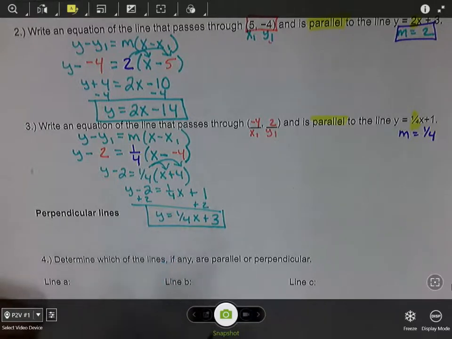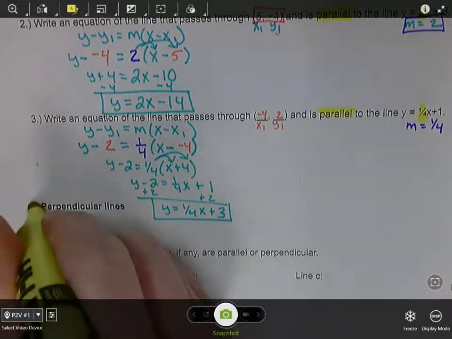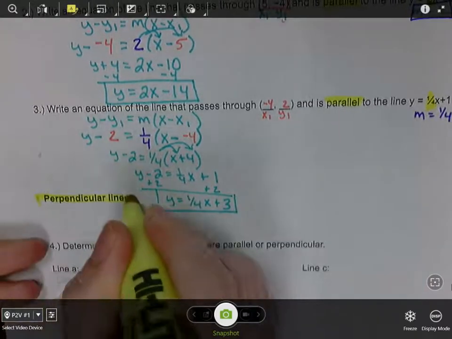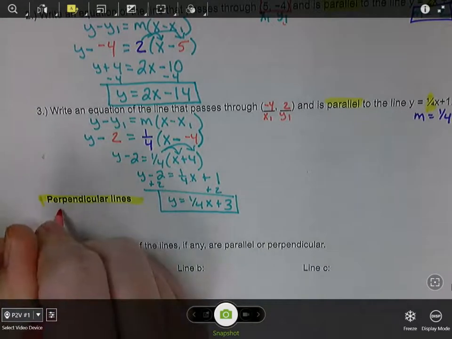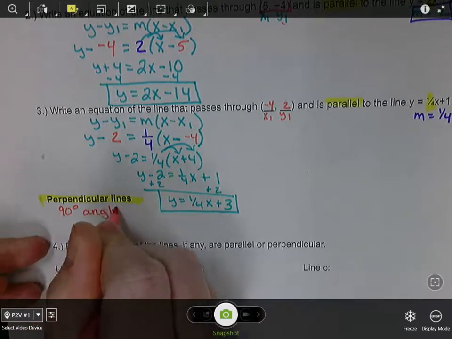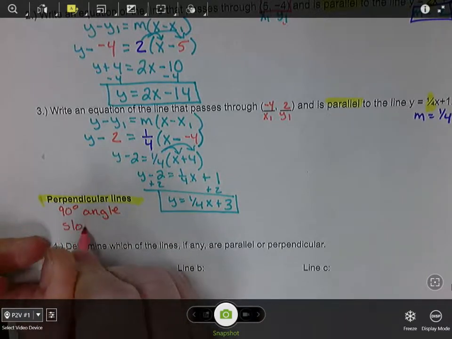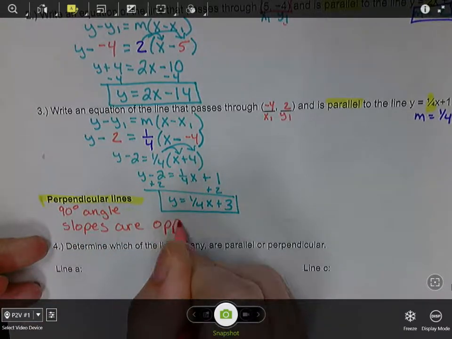All right, perpendicular lines. Perpendicular lines are two lines that meet at a 90-degree angle. Okay. So they meet at a 90-degree angle. They meet at a right angle. And their slopes are opposite reciprocals.